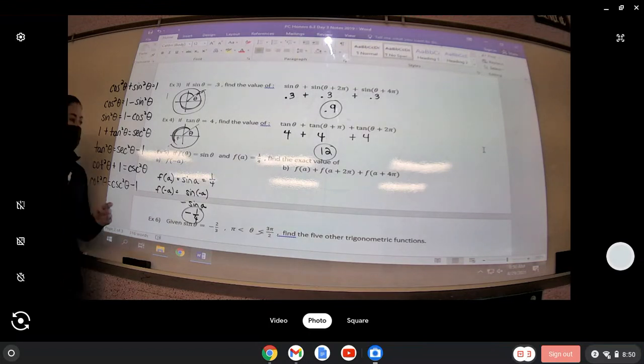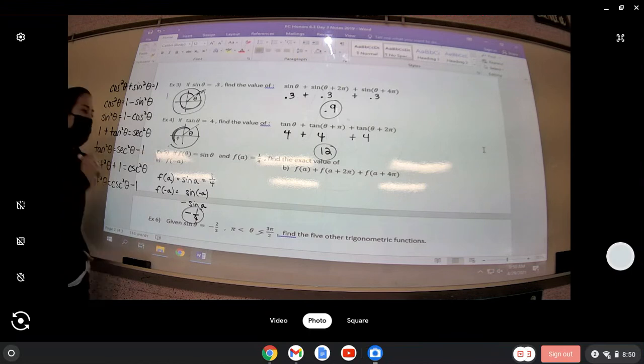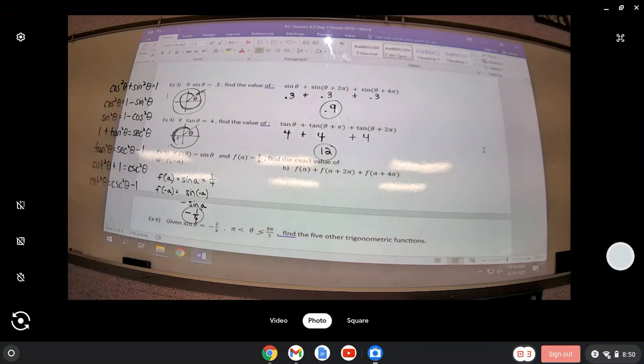Okay? All right, and then you guys do this one because you should be able to do this one now. If f of a is equal to 1/4, the sine of angle A is equal to 1/4, then what's f of a plus 2 pi and a plus 4 pi?